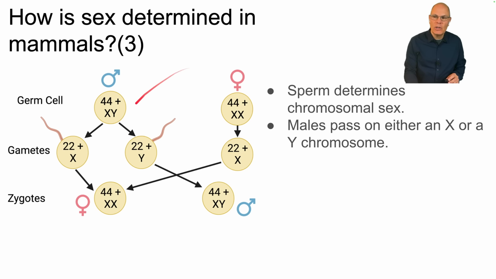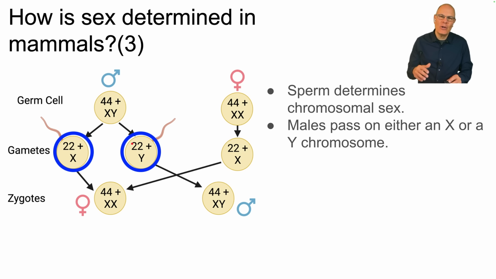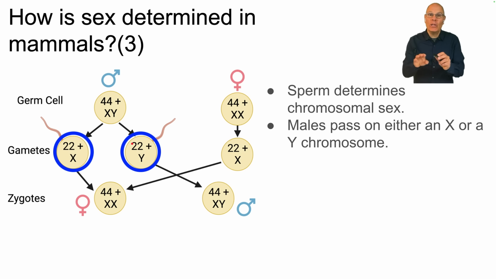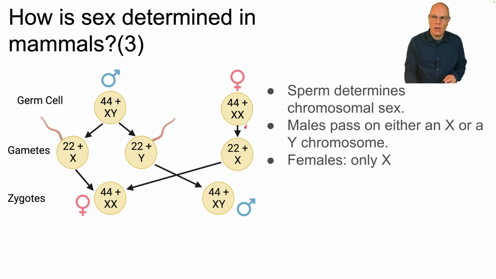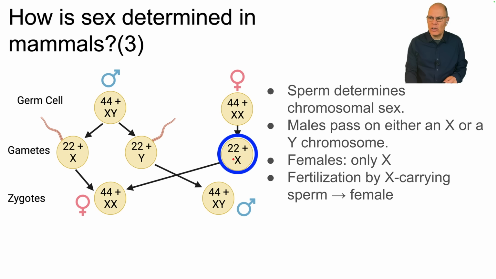The males, which have their 22 autosomes and then an X and a Y chromosome, during meiosis will pass on either an X chromosome or a Y chromosome. Because even though they're not truly homologous, they will get separated, just like how the other homologous pairs get separated. The egg has two X chromosomes, so every single egg cell is going to have the X chromosome.